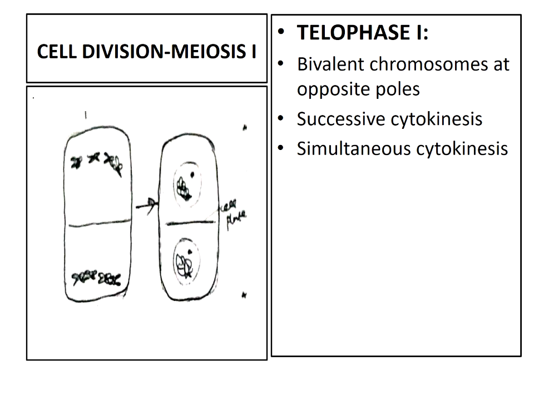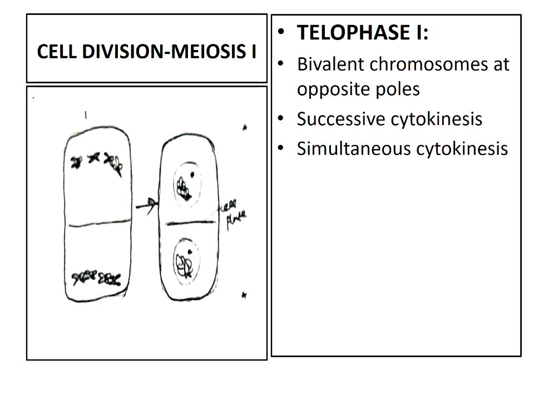The achromatic apparatus undergoes dissolution and the above events are followed by the division of the cytoplasm called cytokinesis. Successive cytokinesis and simultaneous cytokinesis are the two types.